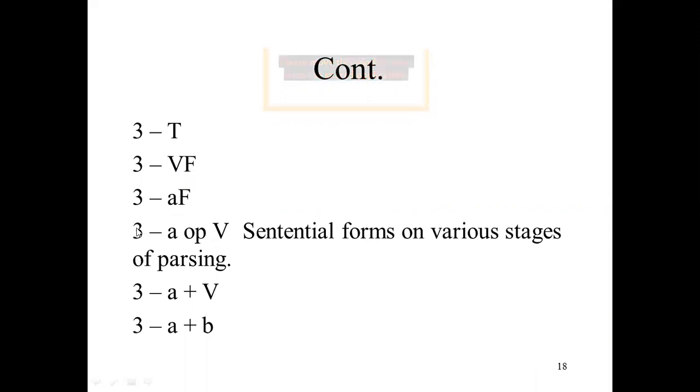What is F? In the next step, 3 minus A OP V. Similarly we can proceed in this manner, replacing OP with plus and V again, and here we get our sentential form.